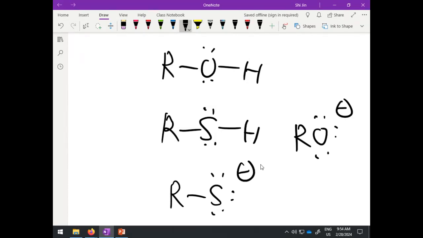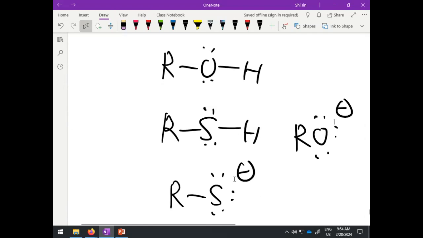The likelihood of elimination is strongly associated with the basicity of the nucleophile. Thiolate is about 1 million times less basic than alkoxide, and about 100 times more nucleophilic than alkoxide.